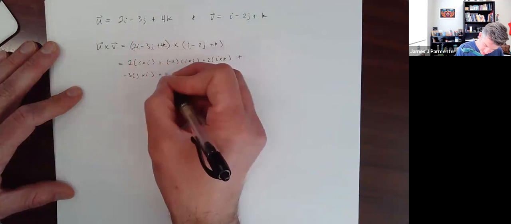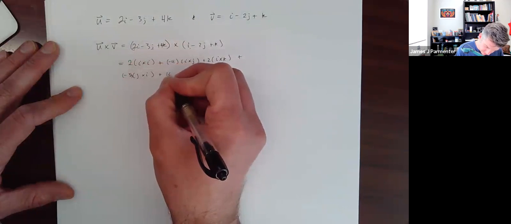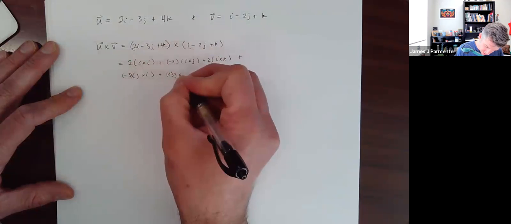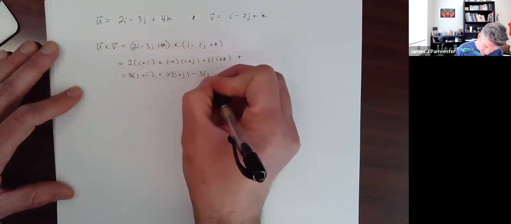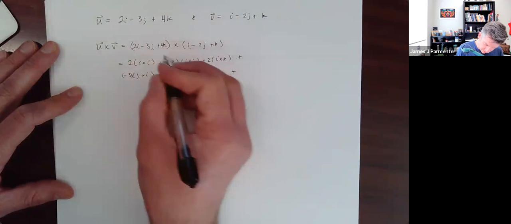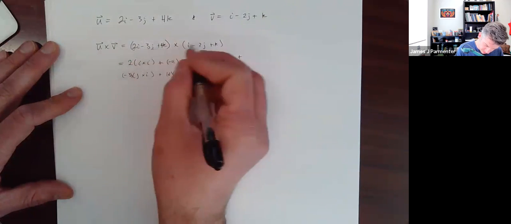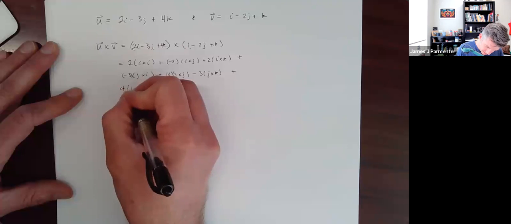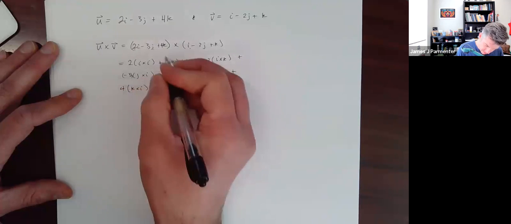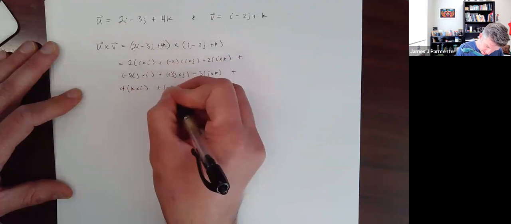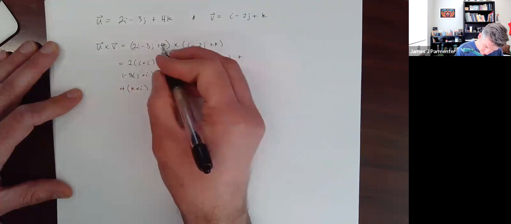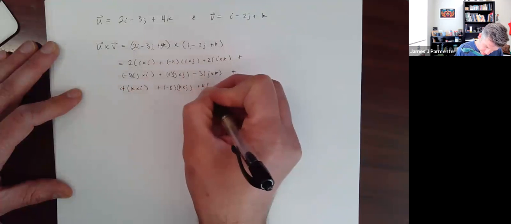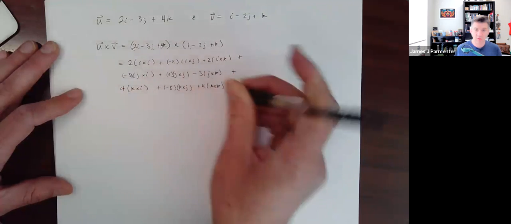Plus negative 3 times negative 2, so positive 6j cross j. And then finally this with this, I get minus 3j cross k. Plus now I'm doing the 4k one. So 4k with i is going to be 4k cross i, and then 4k times negative 2, so negative 8k cross j. And then finally, 4k cross k. Gross.